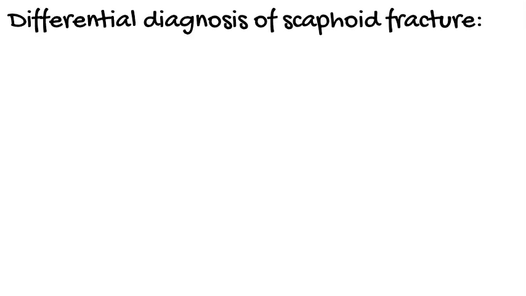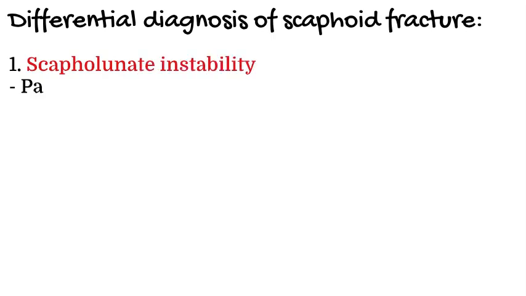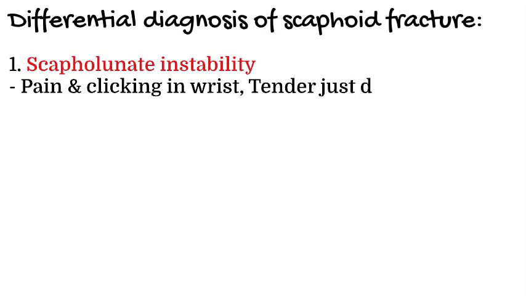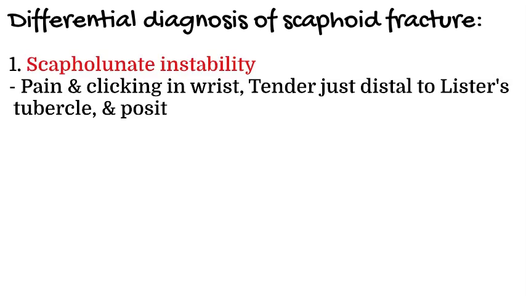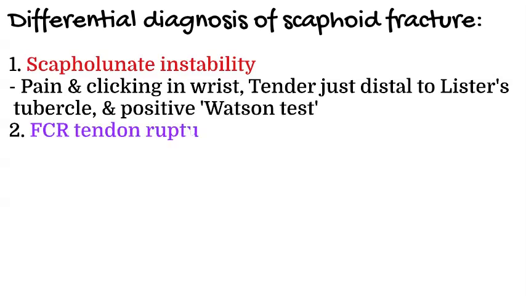Differential diagnosis of scaphoid fracture. Number 1, scapholunate instability. There will be pain and clicking in the wrist, tenderness just distal to the distal tubercle, and a positive Watson test. Number 2, FCR tendon rupture or tendinitis.